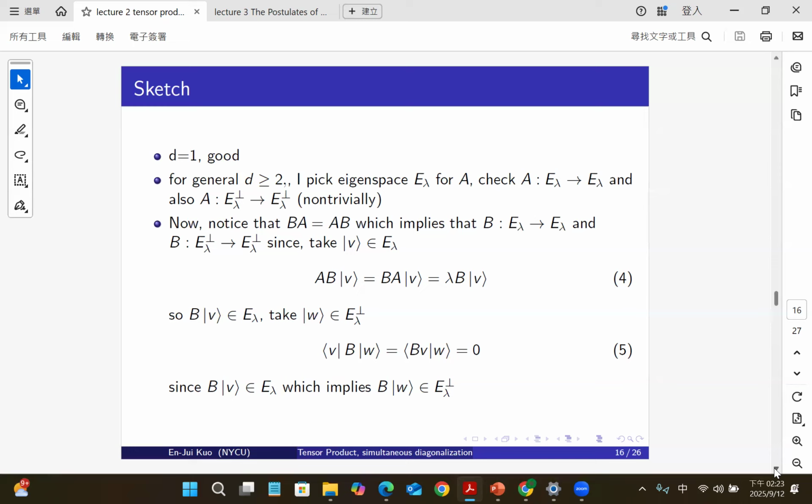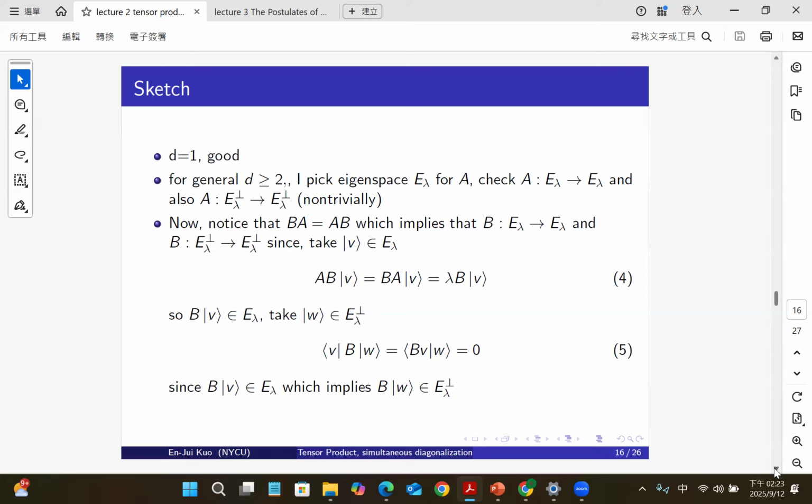Okay, so now notice when we have BA equals AB, right? This will tell you that B also maps any vector in E lambda to the same space. The reason is that let's say I take any v in this E lambda, and I compute A times Bv. But AB is the same as BA, right? So it's the same as B times Av.